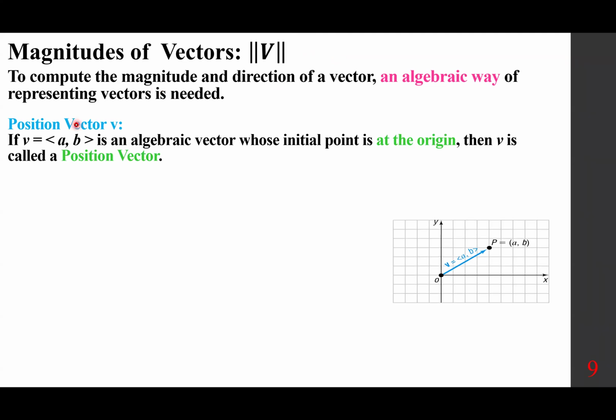So we come up with what's called the position vector. If v is the vector, and this is the vector notation, a comma b is an algebraic vector whose initial point is at the origin, then v is called a position vector. So what is a position vector? The initial point must be at the origin.